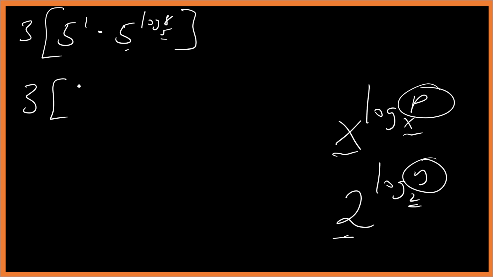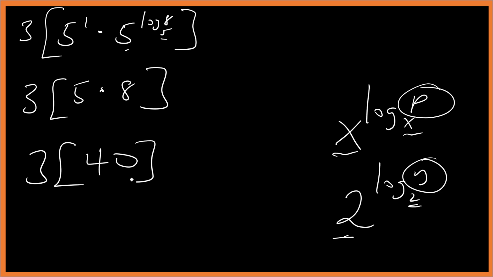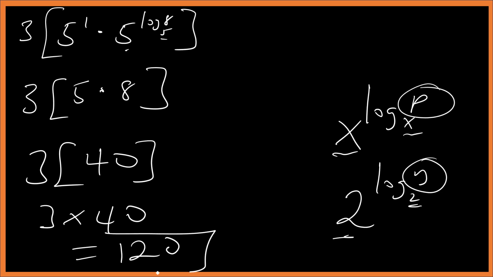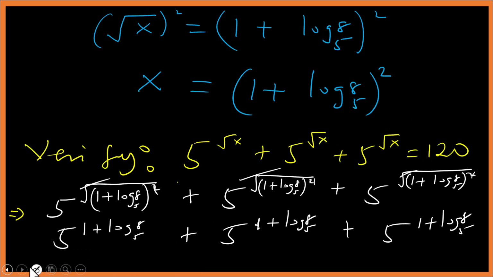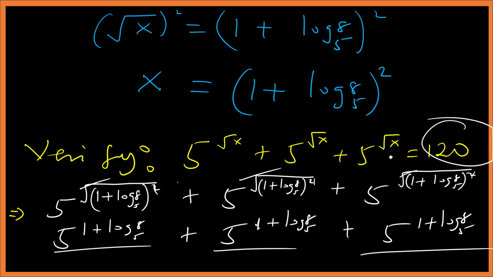So we have 3 times 5 times 8. 8 times 5 is 40. So 3 times 40 is straight away 120. Hence, this plus this plus this is 120. Hence proved. All right.